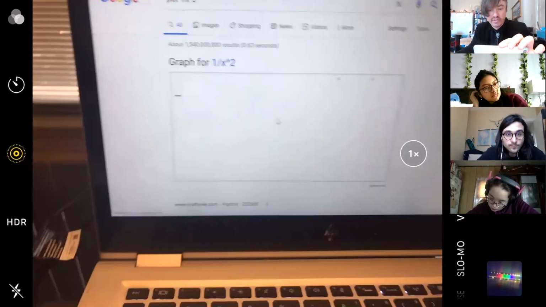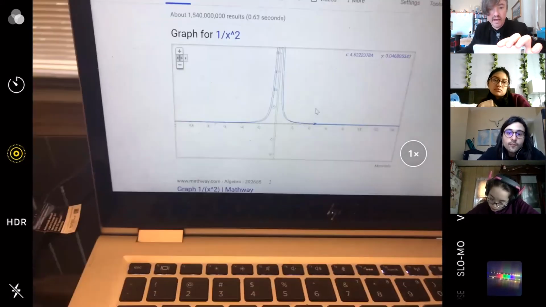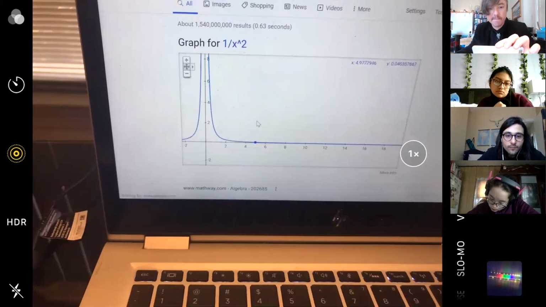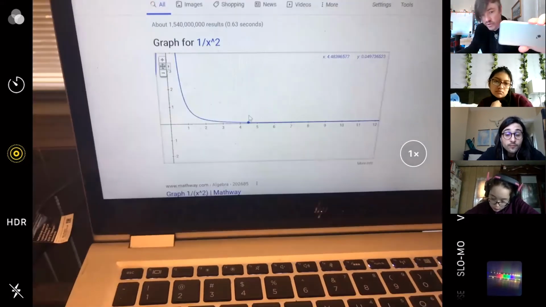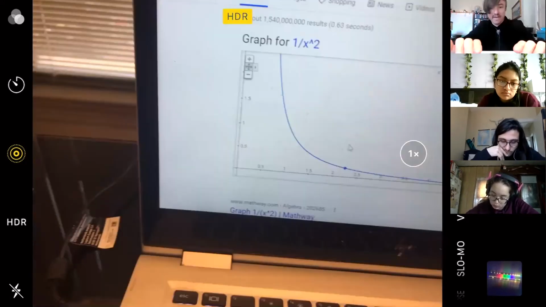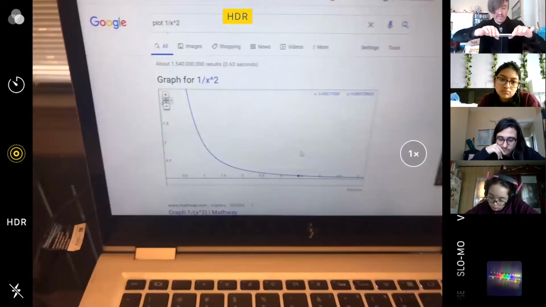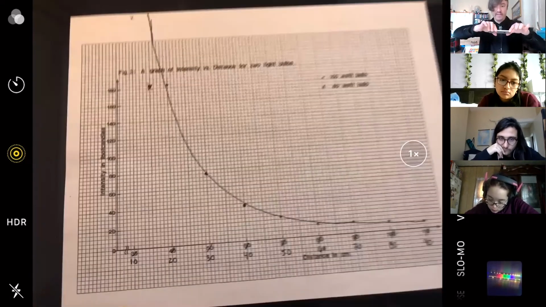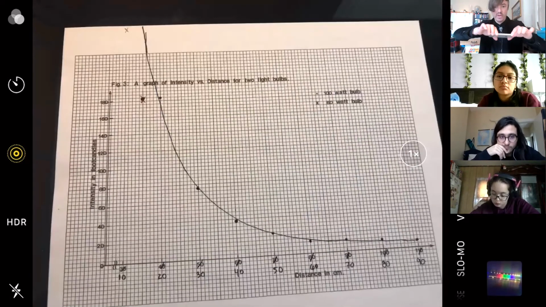Let's zoom in on the positive x axis. You'll see that this is what the graph of 1 over x squared looks like, right? I think we kind of got the flavor of it. Okay, let's do an analysis and see if our data came out any better.